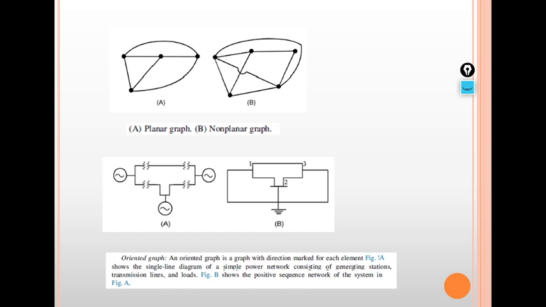Now where we can apply this graph theory. We can apply it for load flow analysis, where you have to see the bus, and from this you can draw the bus incidence matrix and the reduced bus incidence matrix, loop matrix, tie-set matrix, whatever.